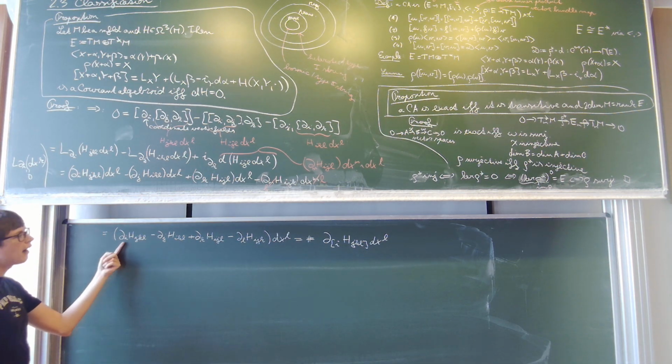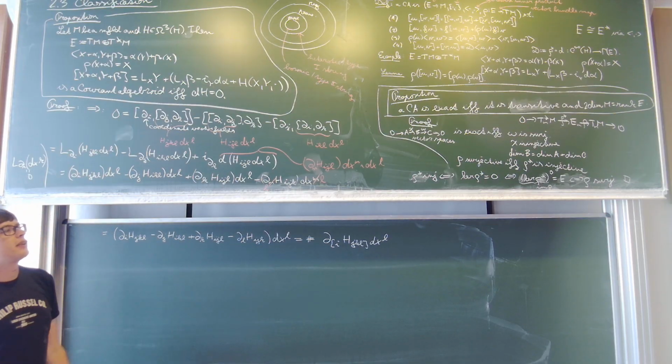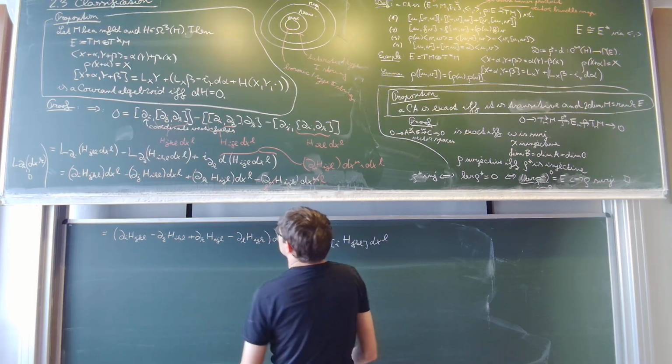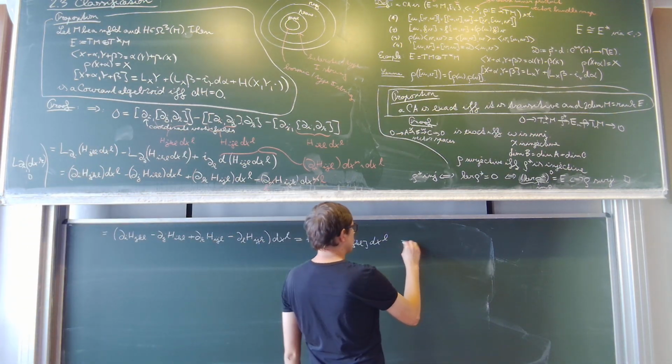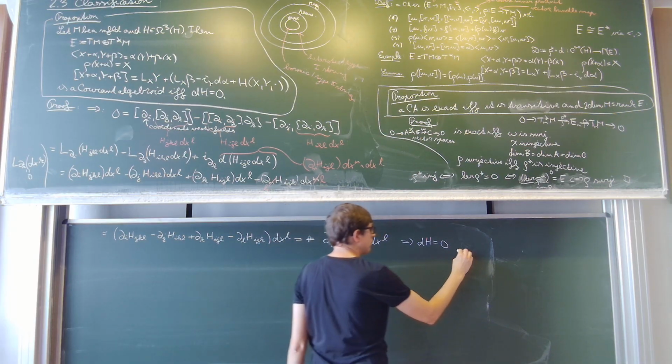Ones where you take derivative with i, j, with k, and with l, and you can see that the signs work in a way that this actually is the antisymmetrization. And since this whole thing is 0, it means that the derivative of H is 0. The antisymmetrized stuff, right there.